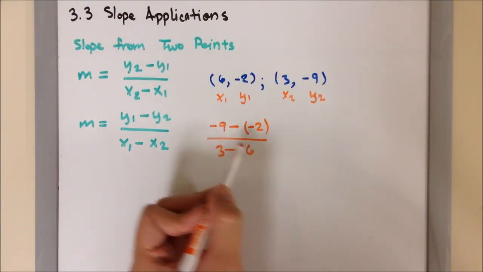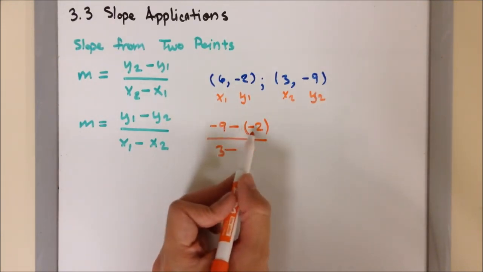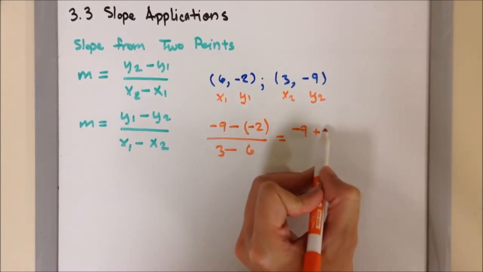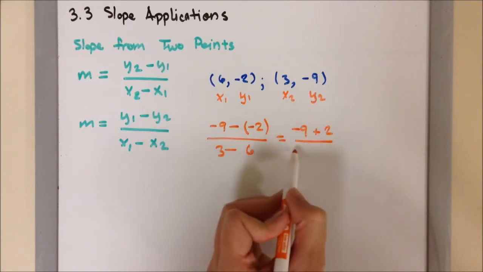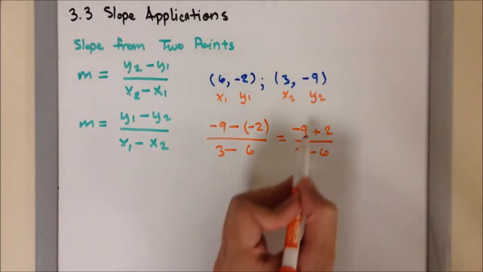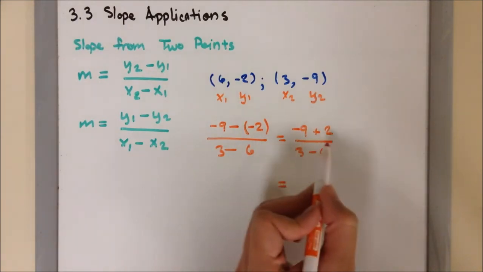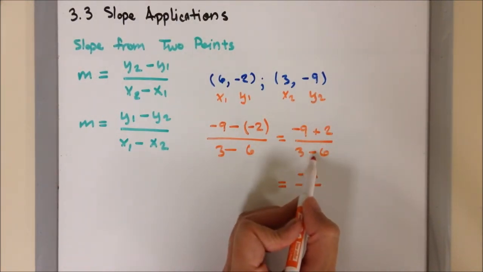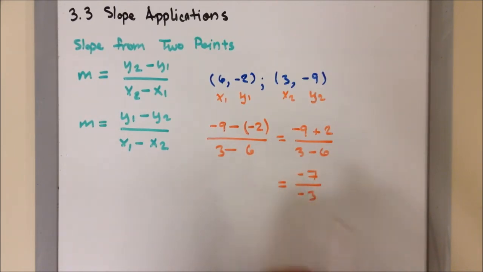Alright, so what I'm going to do is simplify the top with that minus negative. It'll be -9 plus 2, and I still have 3 minus 6. So I'm going to simplify the top. -9 plus 2 will be -7, and then 3 minus 6 will be -3.